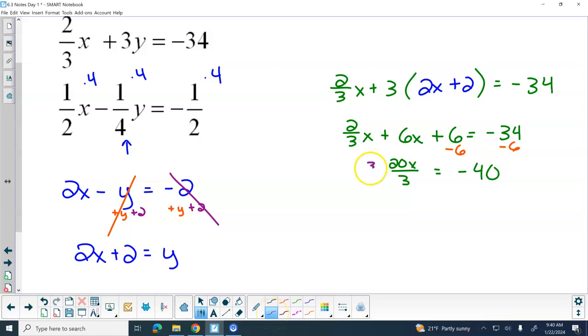And multiply both sides by 3/20. You could multiply both sides by 3, then divide by 20, same thing. It's going to give me x equals negative 6.